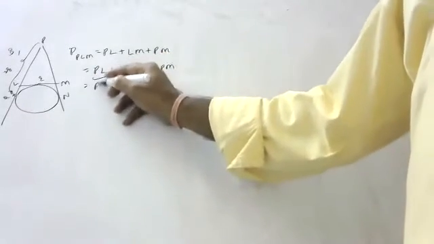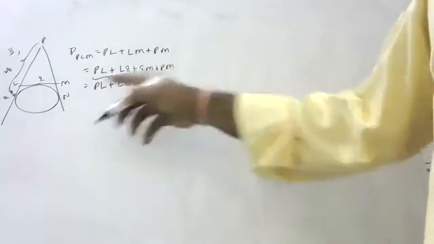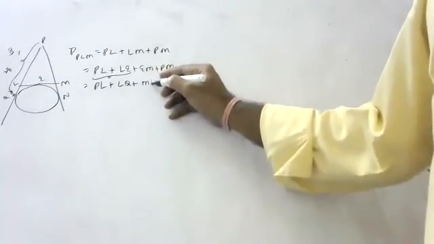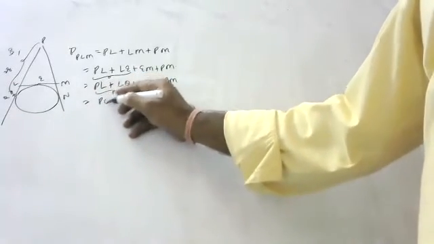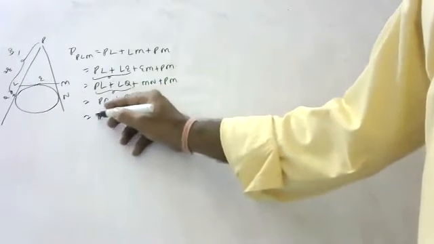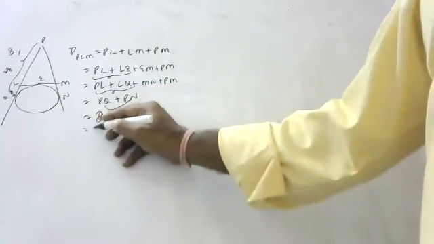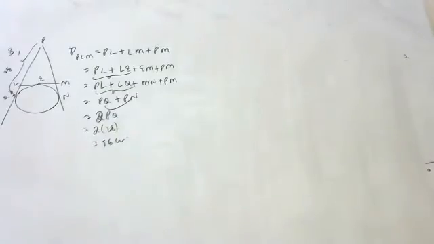LE equals LQ. Why? Tangents from a point are equal. MN equals PM. PL plus LQ is 28. PQ plus PN, they both are equal. So 2 into 28, that is 56 centimeters. Very good.